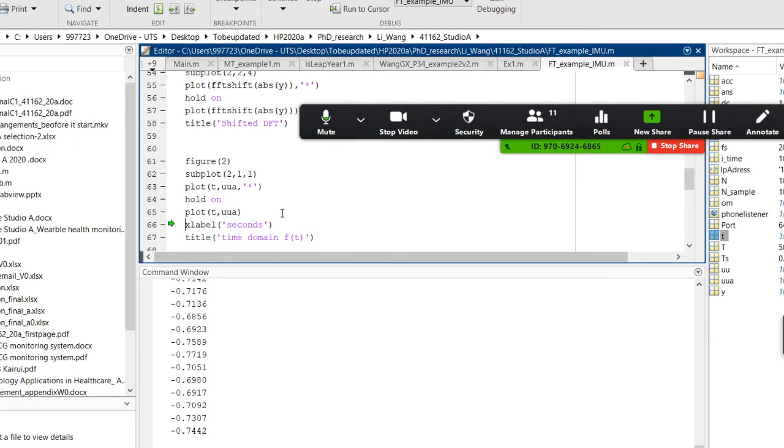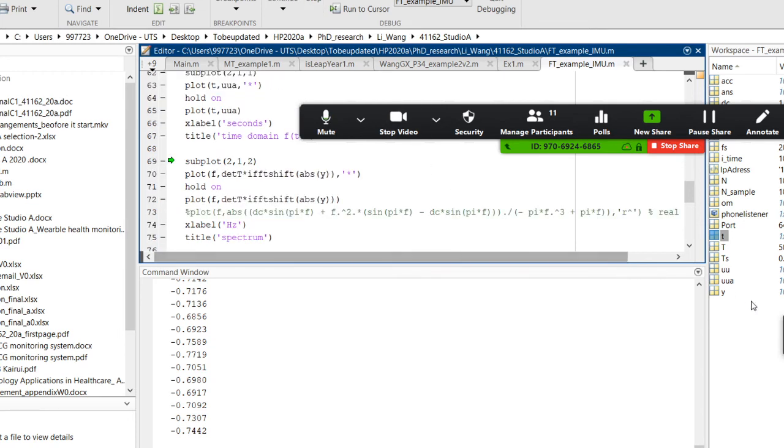This plot just connects all the points, and then I give the x label. Because I use seconds, the unit is second. I give the x label, and I also give the title: time domain FFT. Then I continue here, give the title, and now you can look at the figure.